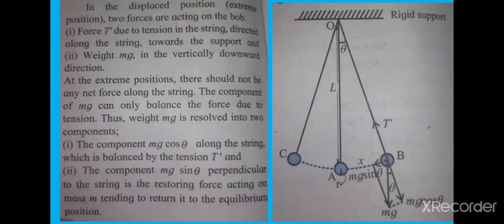Second, the component mg sin theta perpendicular to the string is the restoring force acting on mass m, tending to return it to the equilibrium position. That is, mg sin theta is used as the restoring force which returns the bob to the equilibrium position.